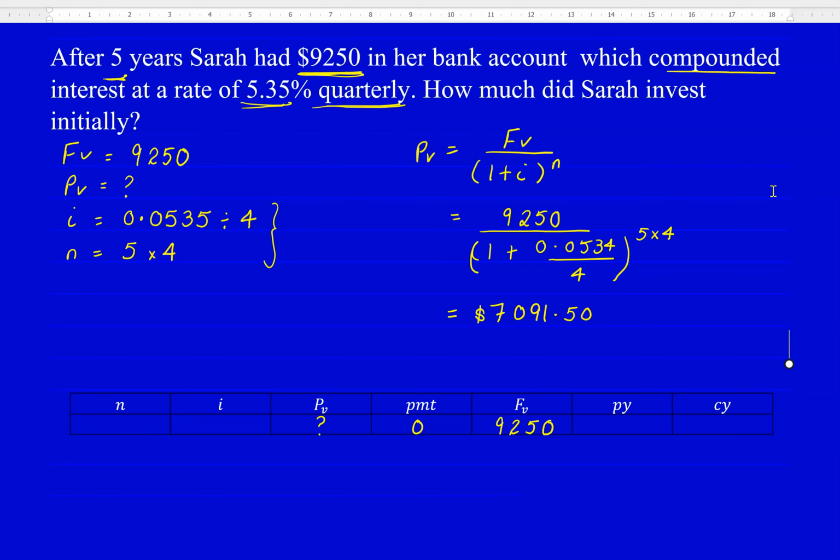We're finding PV. Now, interest, if you remember last time, all we have to do is pop our interest in there. Do not divide it by anything, just write it in. N, we have to say 5 times how many times it's compounding.